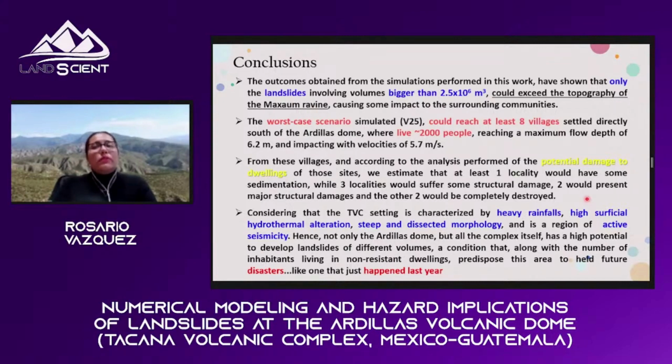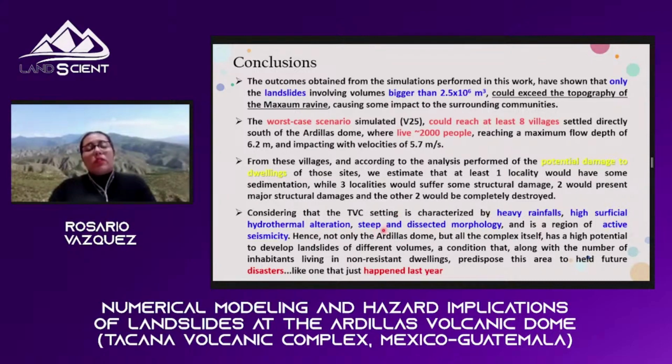And we must also consider that the Tacaná Volcanic Complex is located in one of the regions that almost every year has heavy rainfalls, and this has developed a high superficial hydrothermal alteration.